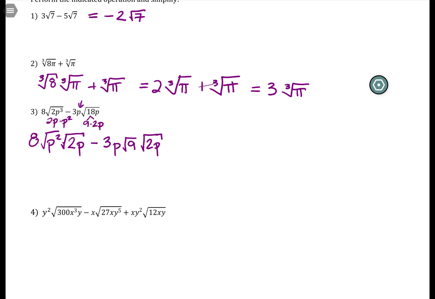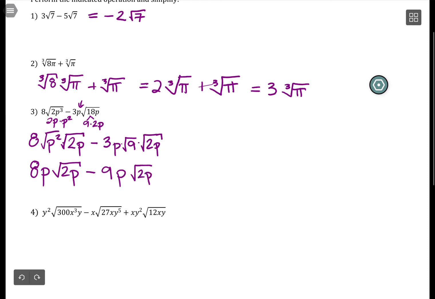So when I take the square root of p squared, I get 8p root 2p. And when I take the square root of 9, I get a 3. Remember, this is all multiplied over here, so I can go 3 times 3 is 9, p square root 2p. So now my coefficients are 8 and 9.